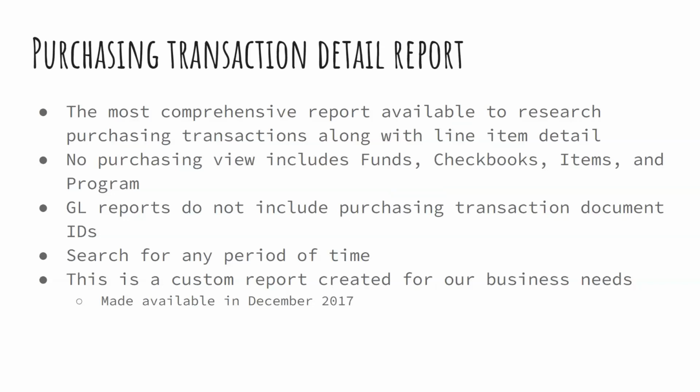We can get there by clicking on the amount to be taken to the journal entry and then following another link, so we could do that with each individual transaction. But it's this purchasing transaction detail report that's going to allow us to do this all at once rather than having to do it by each thing we see on a general ledger report. This lets us search for any period of time, and it's completely custom, so this is a report for us that wouldn't exist in other forms of Intacct.